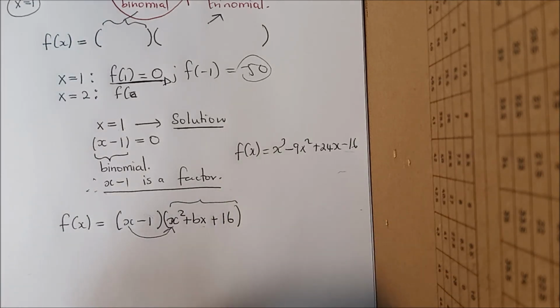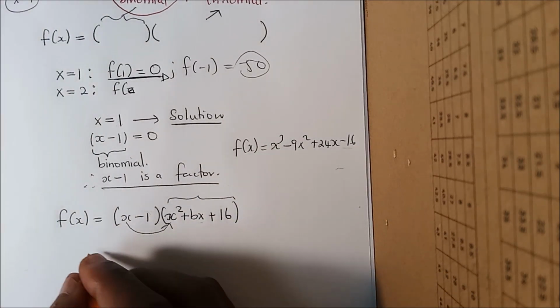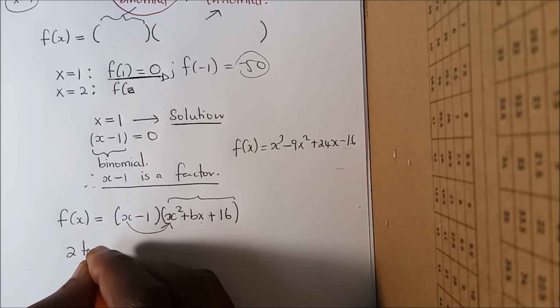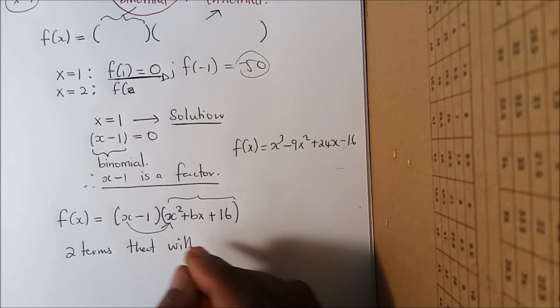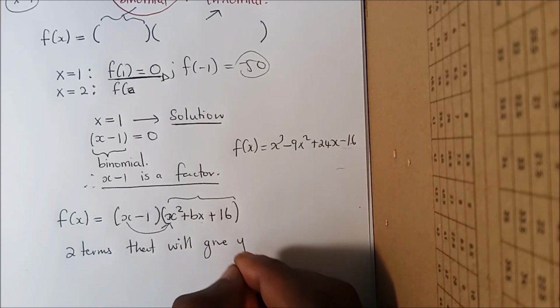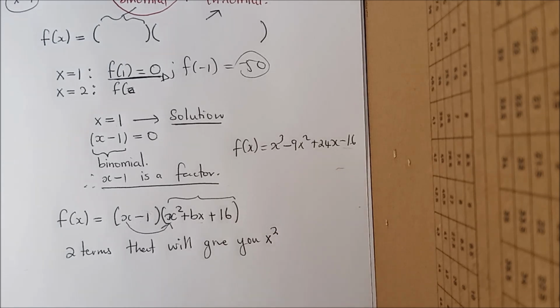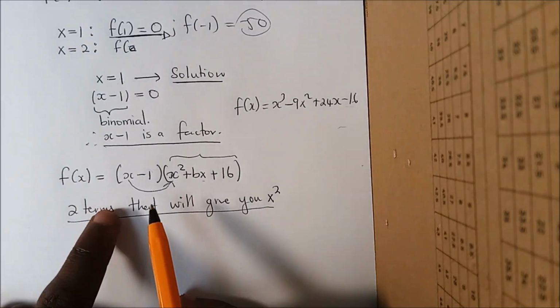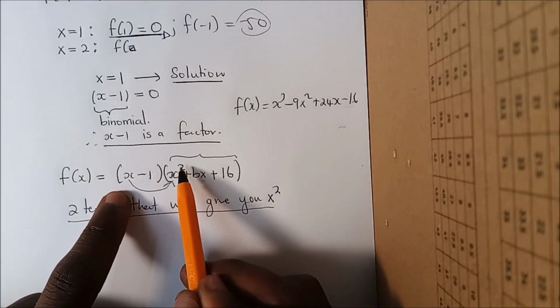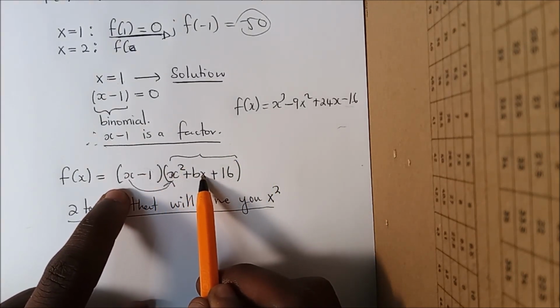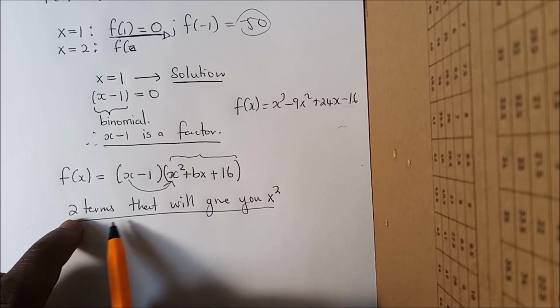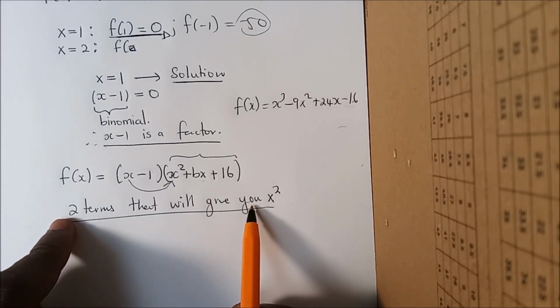So now what I want you to do is give me two terms that will give you x squared. As you FOIL this thing, remember you are going to say x multiplied by x squared, that will give you x cubed. X multiplied by bx, that will give you bx squared. And I'm saying I want two terms that will give you x squared.